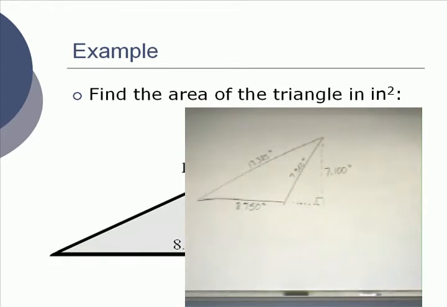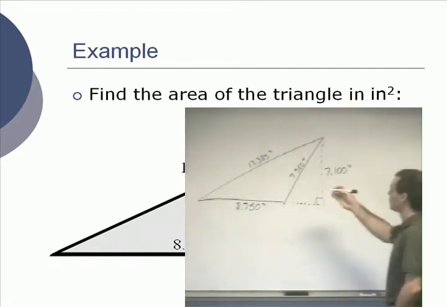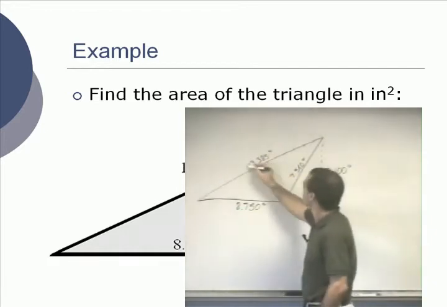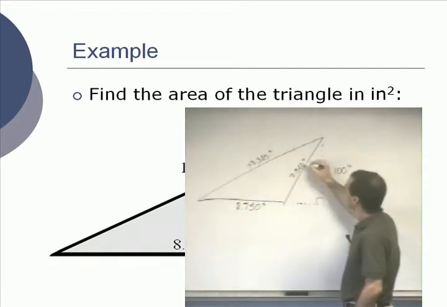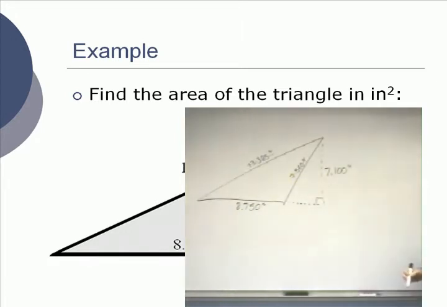Okay, well, we want to find the area. First, you need to identify your base and your height. What are the two dimensions up here that are useless to you? That 13.385 is certainly no good, and the 7.56. Neither of those are a base, nor are they an altitude.